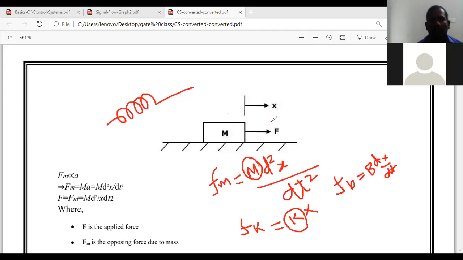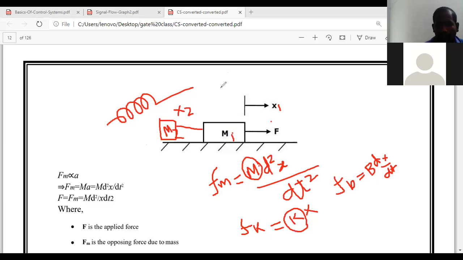If a mass element is moving in both directions, here also one more mass element is there. Let's take M1 and M2, with displacements X1 and X2. Then you can write the force balance equation.